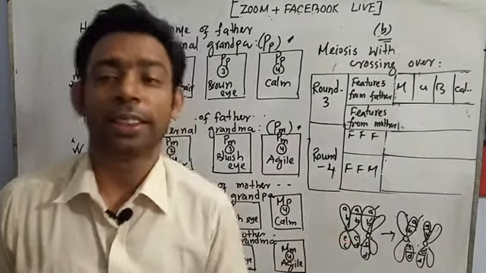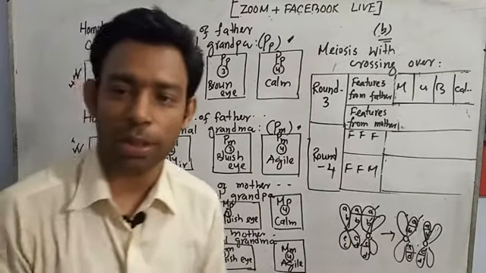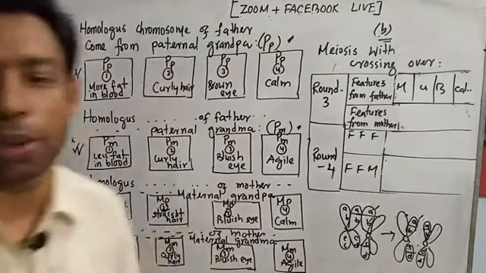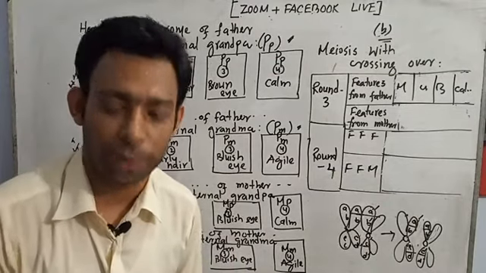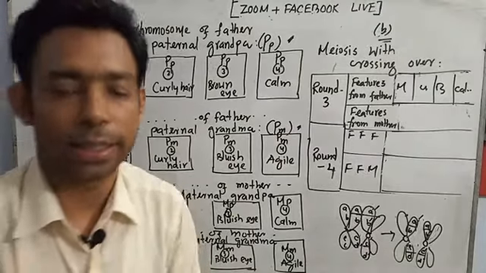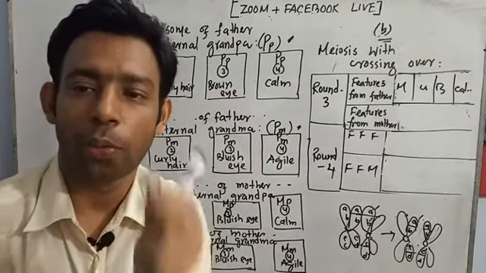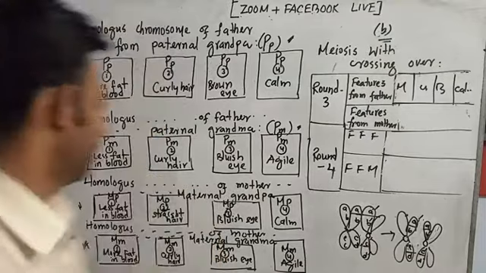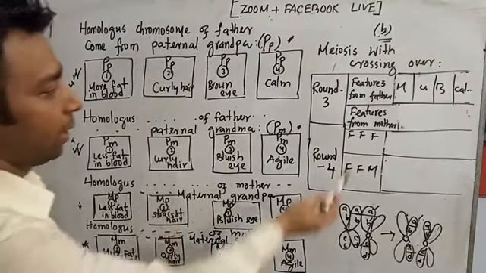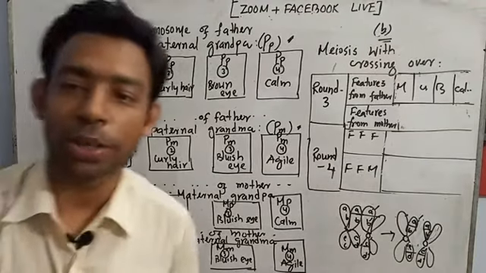Then features from mother. We will do crossing over 2 times. At first we need to decide which feature to cross over from here to there. Two times: 1 head, then tail. So the second feature will be the features from mother, and the second feature will be crossed over here.